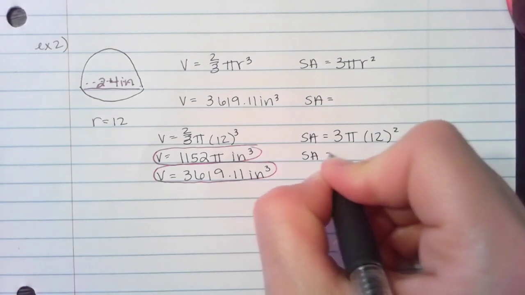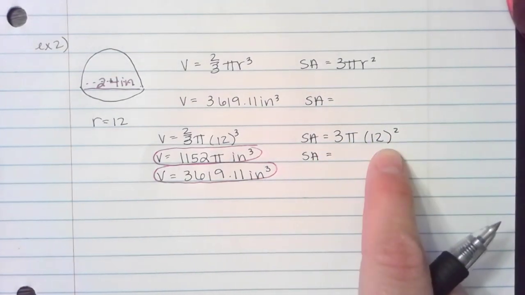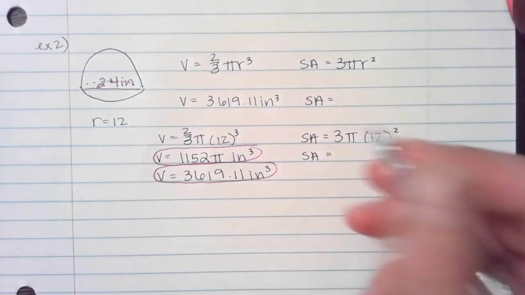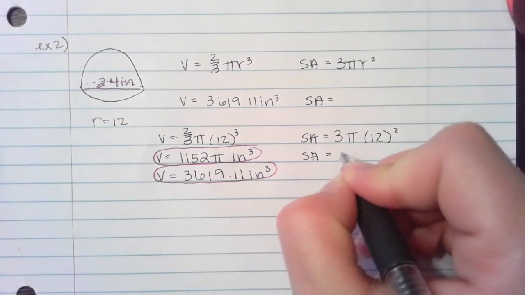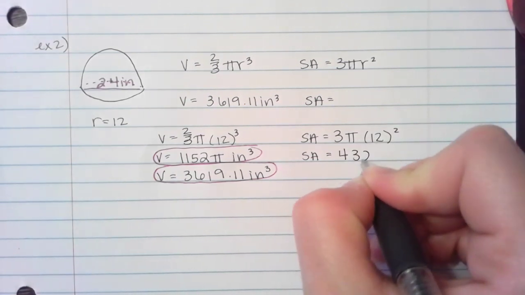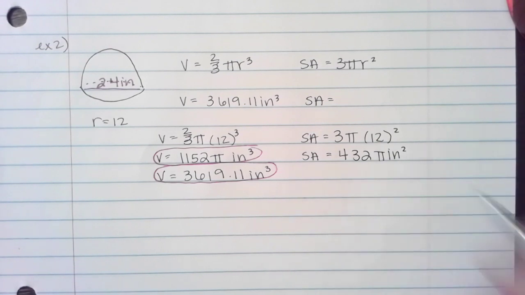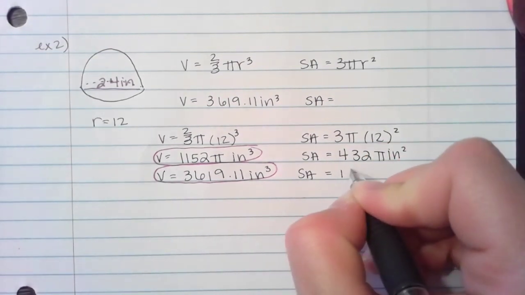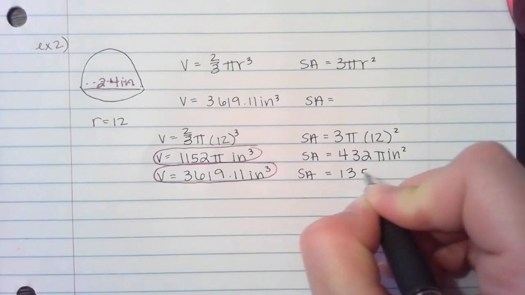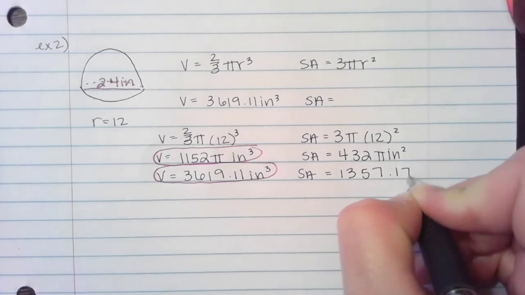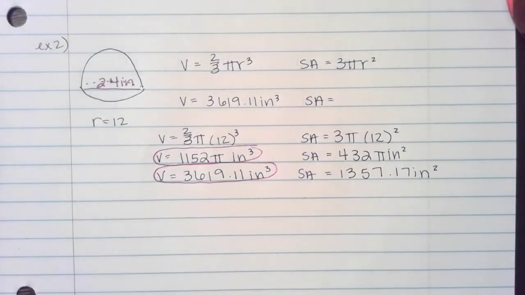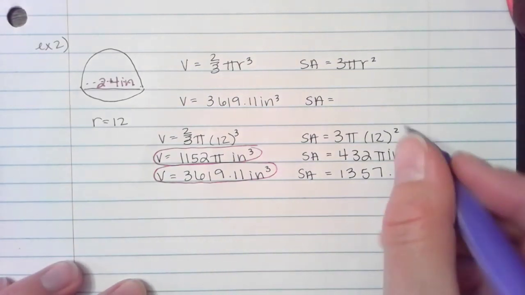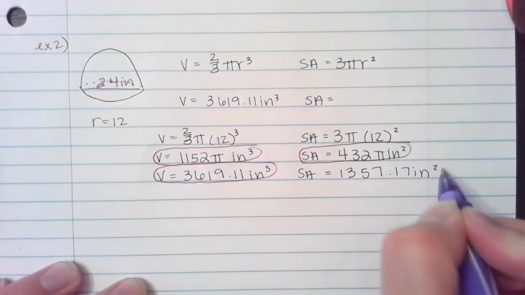If you're looking for the exact answer, just multiply 3 and 12 squared, and you will get 432 pi inches squared. But more than likely, I'm going to ask you for it rounded, which is 1,357.17 inches squared.